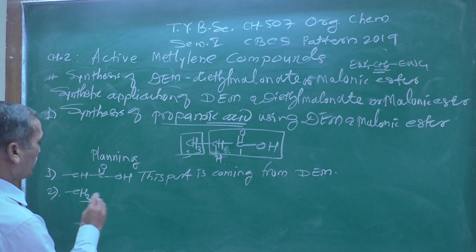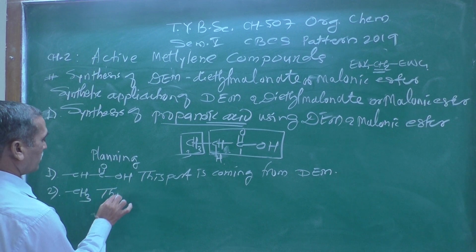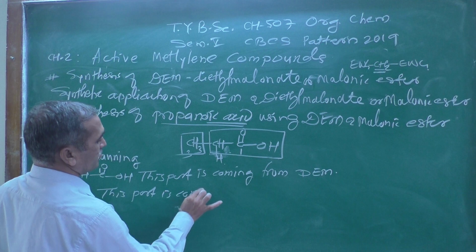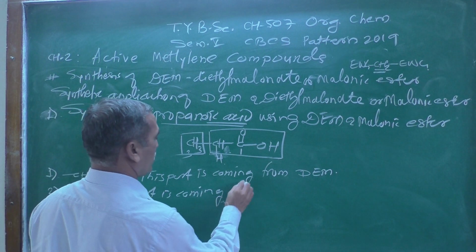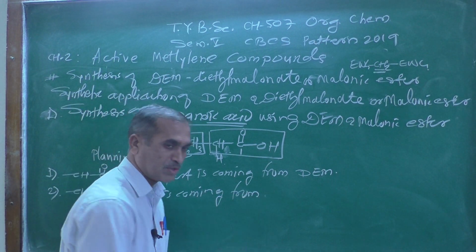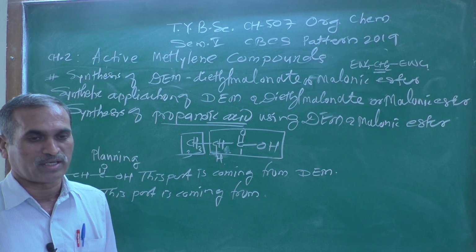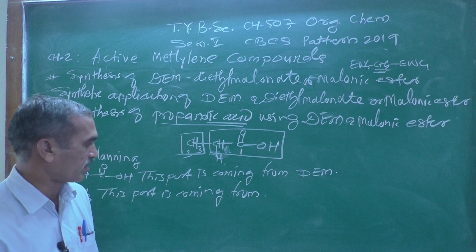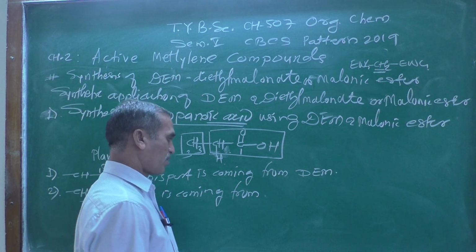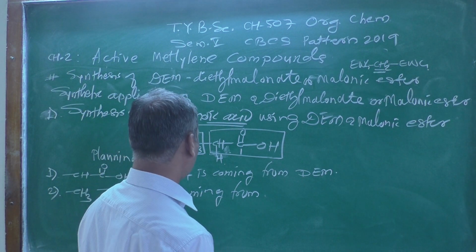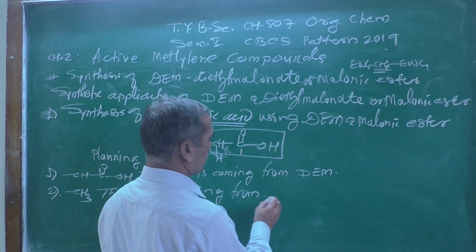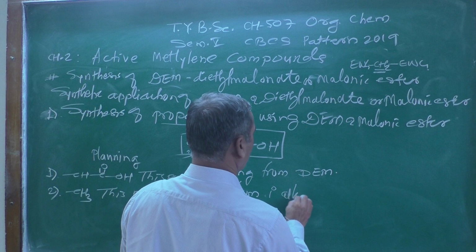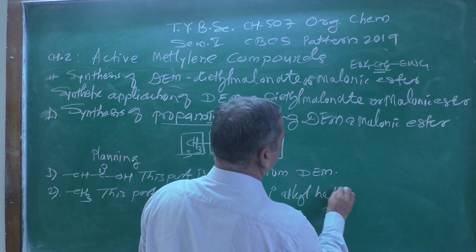This part is coming from, you can write here, this part is coming from where? What do you think? As usual, while studying ethyl acetoacetate or acetoacetic ester, we have seen it is coming from primary alkyl halide, right?